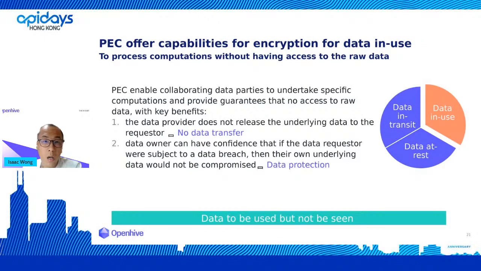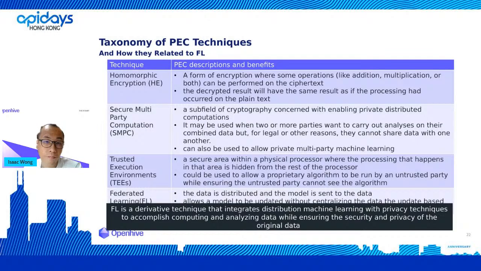And what PEC bring as value, or the unique value proposition, is that they give protections while the data is in use. That is, when the data is being analyzed, data privacy and data protection can be guaranteed. And there is no need for centralizing data for the computation of data or building up of models.